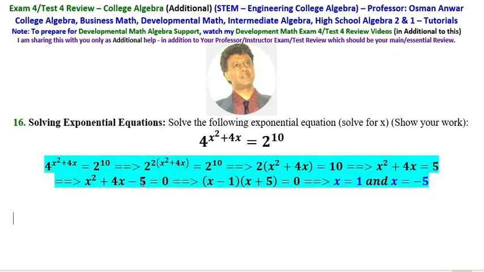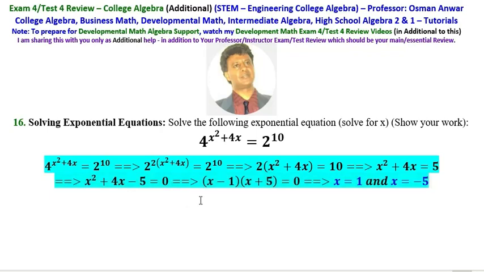That means if the bases are the same, then the exponents are equal. That means 2 times x squared plus 4x equals 10. Divide both sides by 2, then x squared plus 4x equals 5. Bring the 5 to the left, then you have x squared plus 4x minus 5 equals 0.